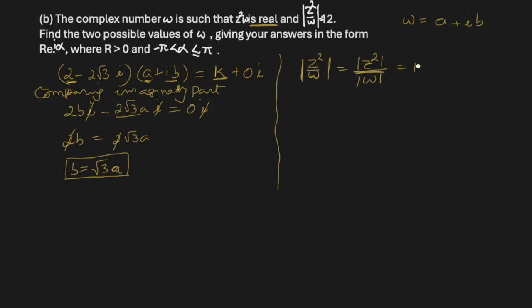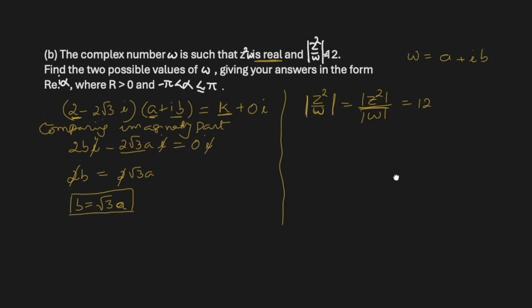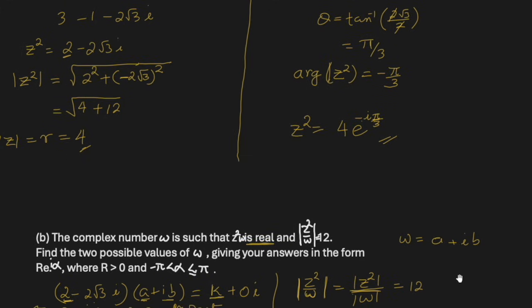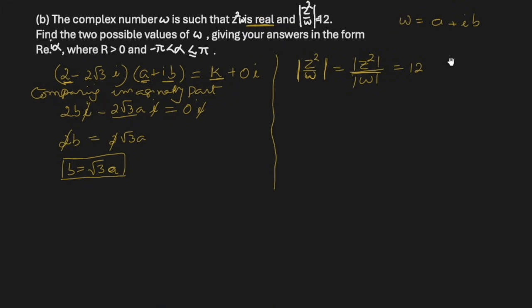It is equal to 12, that's what they're saying. And the modulus of z square, the magnitude, was 4. We got 4, right? So I will write 4 in place of that. So 4 divided by the modulus of w is equal to 12. This gives us, cross multiplied, the modulus of w is equal to 4 over 12, which is 1 over 3.